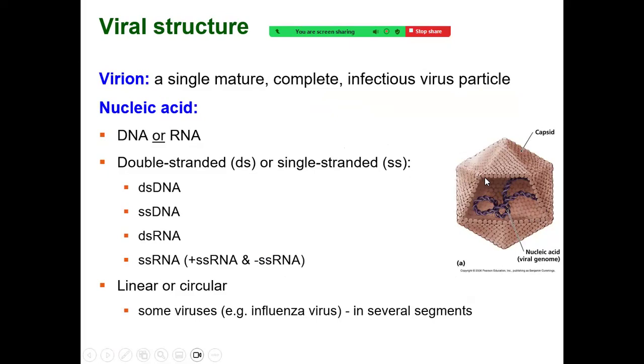Each one of these proteins is called a capsomere. On some viruses, like this one here, you just repeat the capsomere to get the capsid. So this capsid is composed of many capsomeres, but only one type of capsomere. That isn't true for all viruses. There can be different types of capsomeres on the virus.